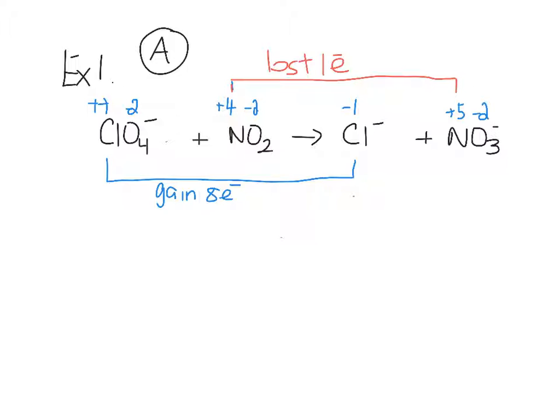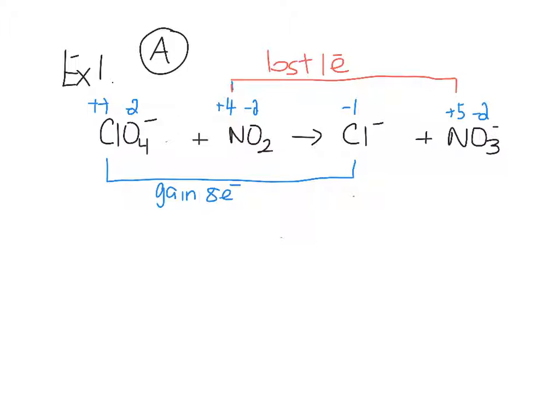What is the subscript for chlorine here? 1. What is the subscript for nitrogen? 1. And this one? 1. So, it says, and formula subscripts to determine how many electrons are transferred.